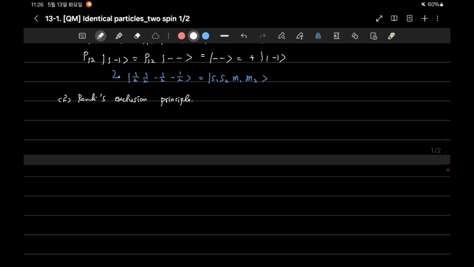And let's think about the eigenstate of the exchange operator, psi plus minus.